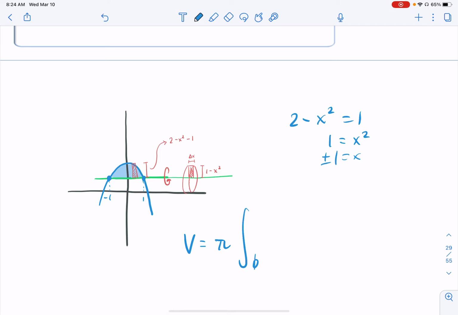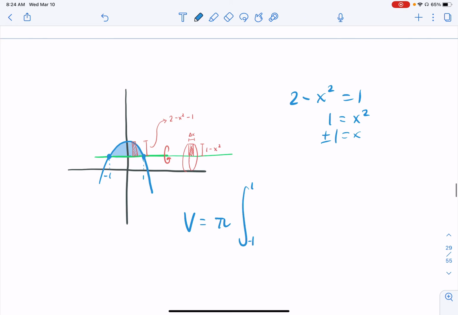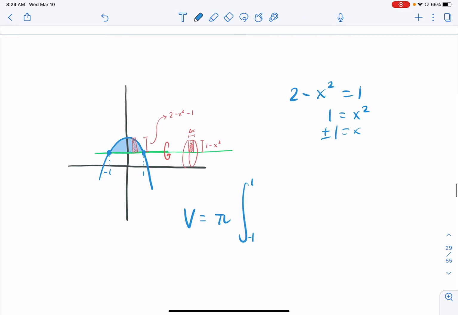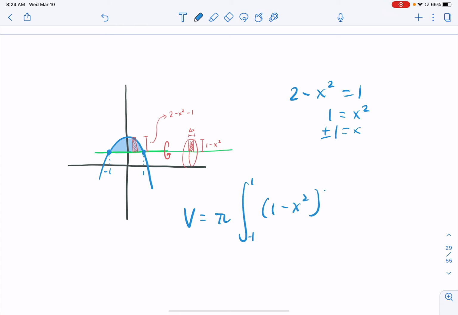So why did I do 0? I'll tell you why. Since this thing is even and it's symmetric to the y-axis, we can shortcut this just a little bit. We need our radius function, which we're going to square, 1 minus x squared, and then dx.